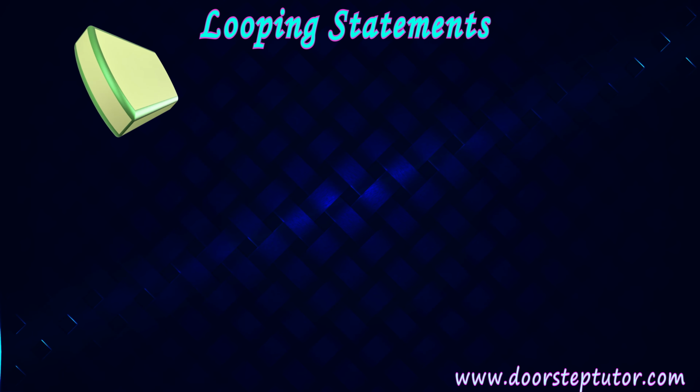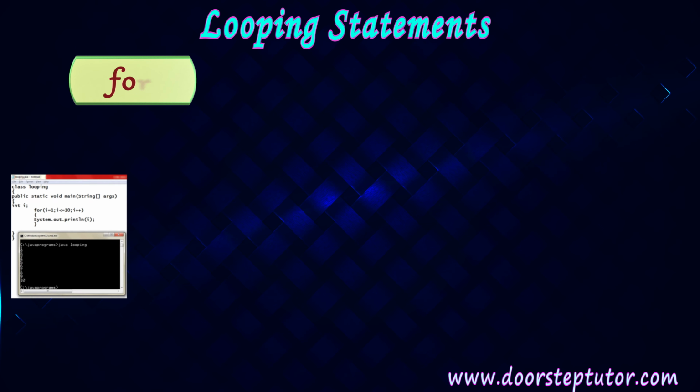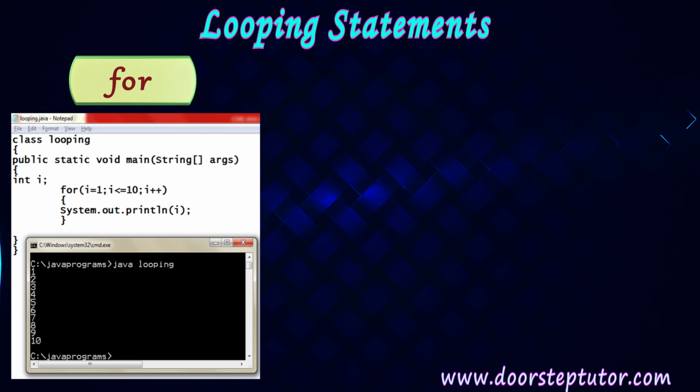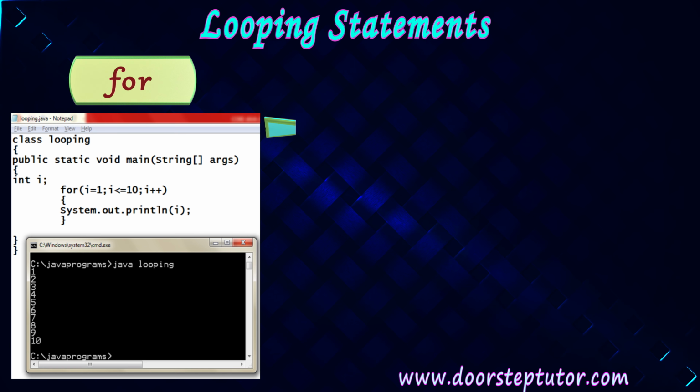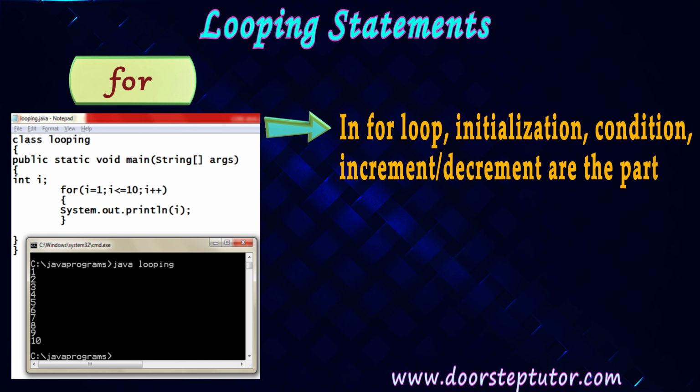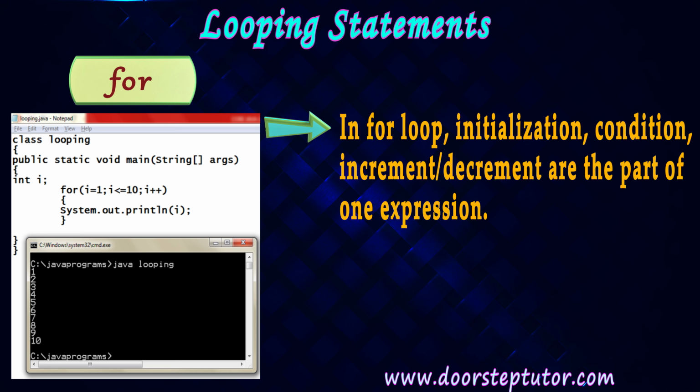The next and last looping statement is the for statement. The for loop is the most commonly used and most important of the three looping statements. It is most efficient, as we have all three components in a single line: initialization, increment or decrement, and condition check.